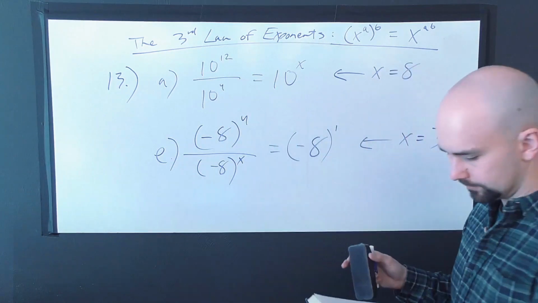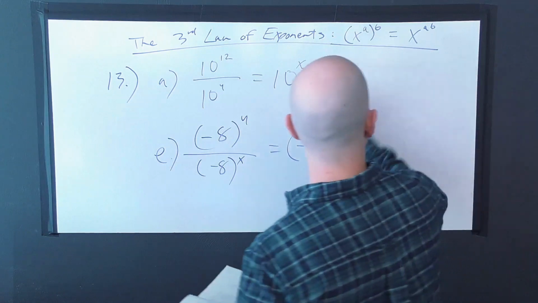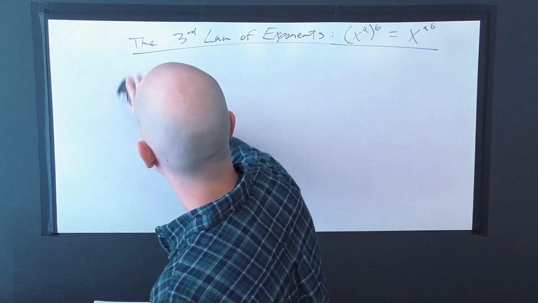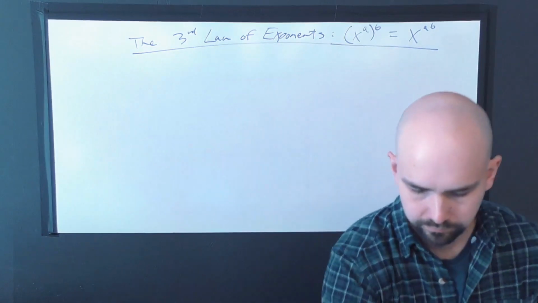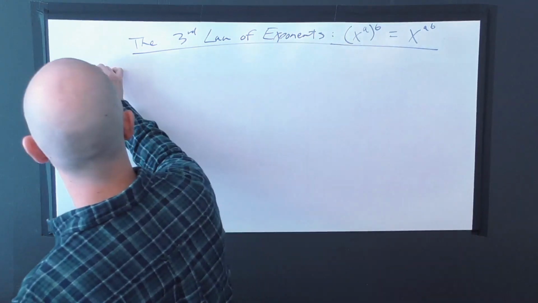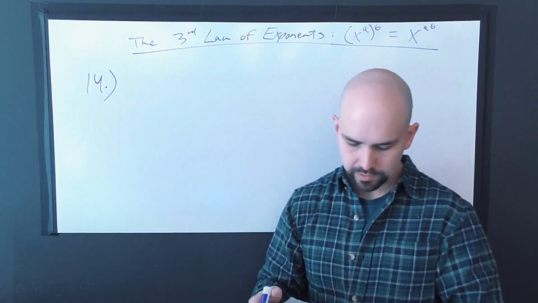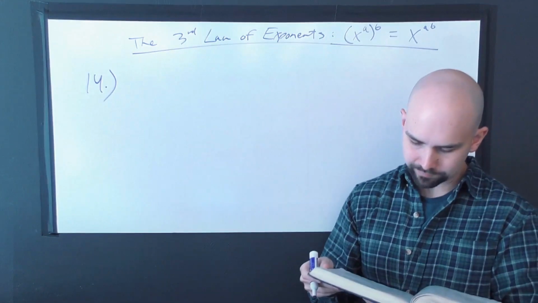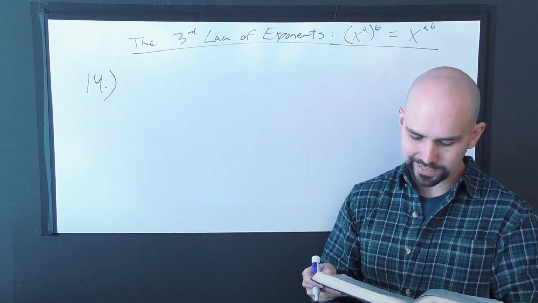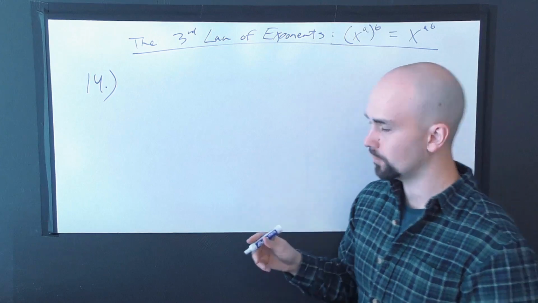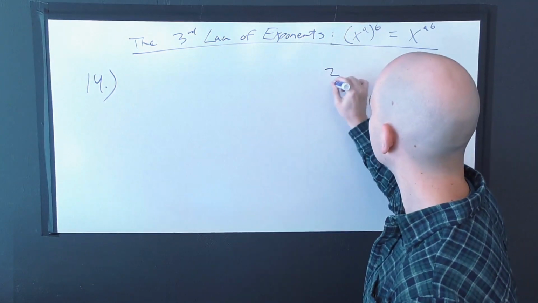Number 14. Use the table of powers of 3 at the right to find the following products or quotients. So I'm just going to write some of the table.